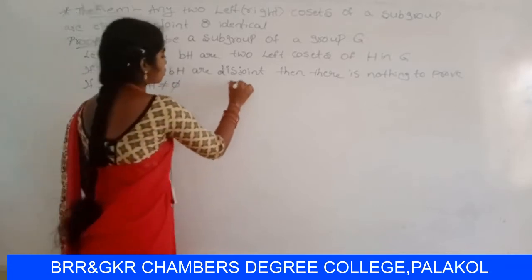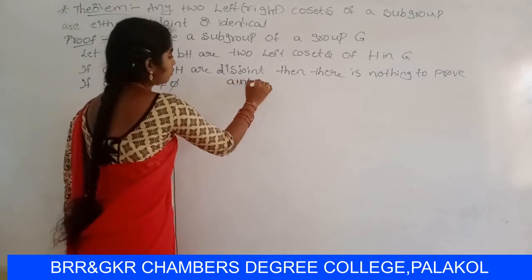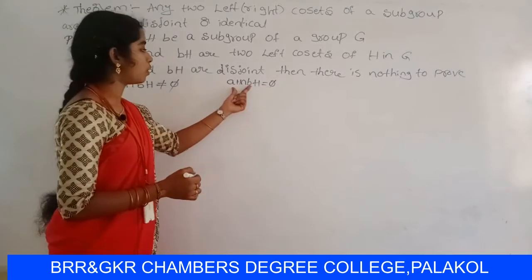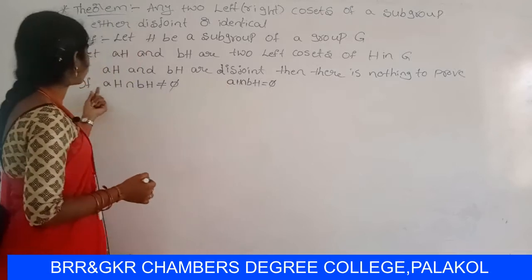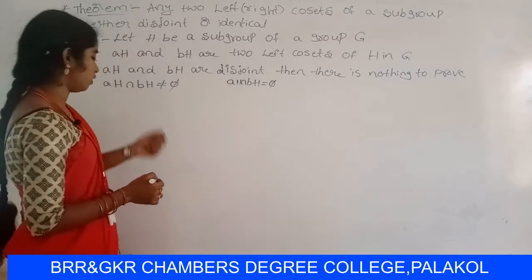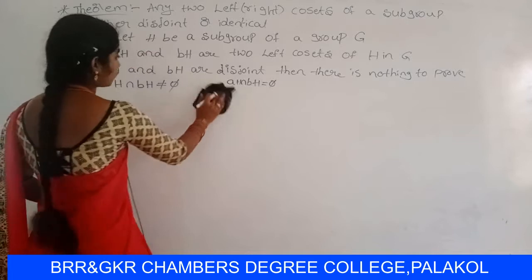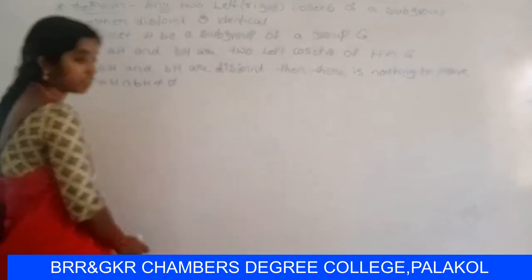So let us consider not disjoint: AH intersection BH not equal to phi. So we have to prove identical, AH equal to BH. Not equal to phi means not disjoint, so it is non-empty. Non-empty means at least one element.